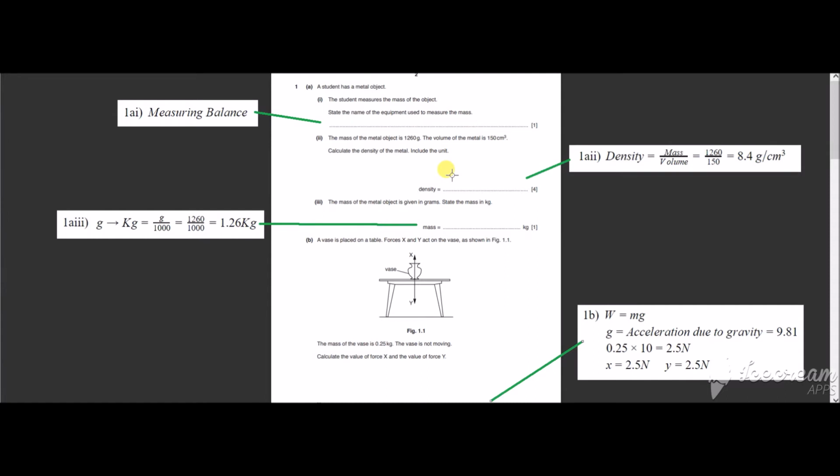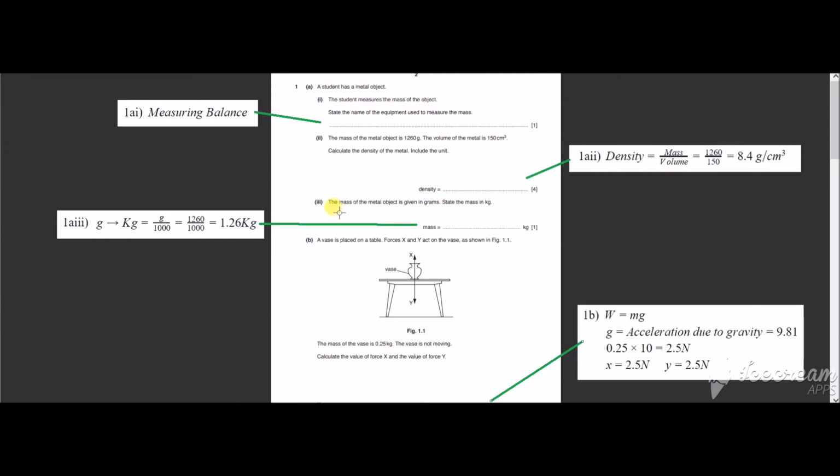So the equation for density is mass over volume. If we substitute the two values we have in their places, we will have 1260 divided by 150, and that will be equal to 8.1. Do not forget the unit, so grams per centimeter cube, and that's how you solve part 2.